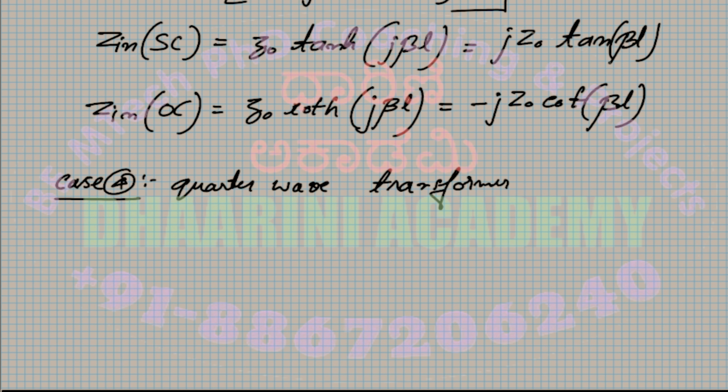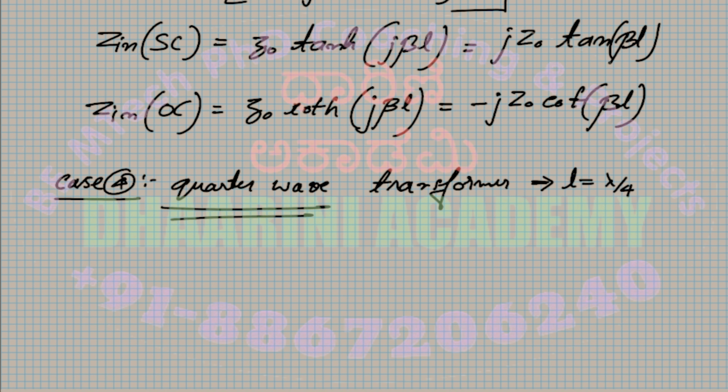One of the widely used applications, for stub matching and also in most communication circuits. So this is a transmission line with specific length. Length is equal to lambda by 4. The quarter wave comes into the name because of its length. You use a transmission line whose length is equal to lambda by 4.